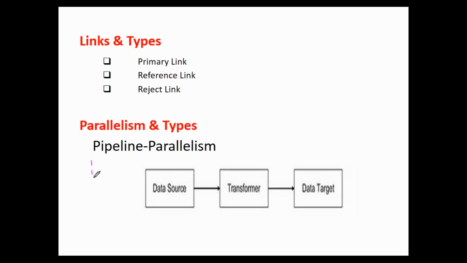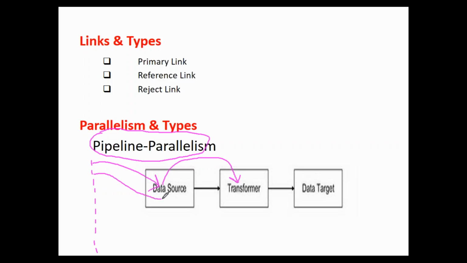So I have data like this, a few records, and I want to process these records. How the processing happens in the pipeline parallelism technique is, the first record will be extracted by the source stage, and then the same record will go to the target.